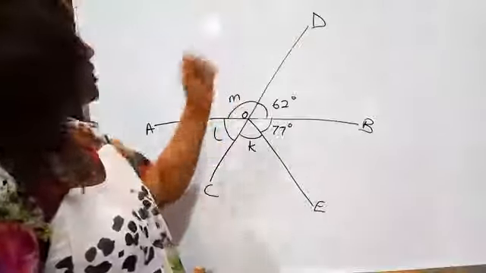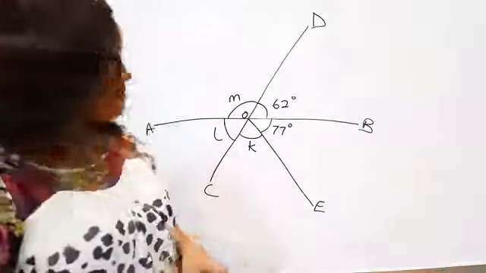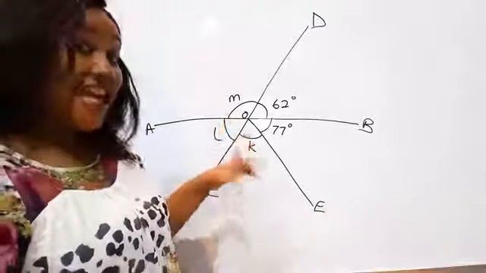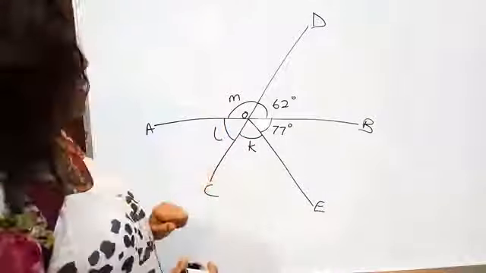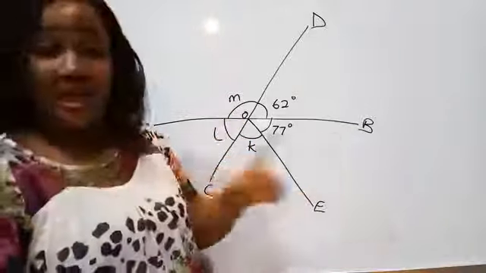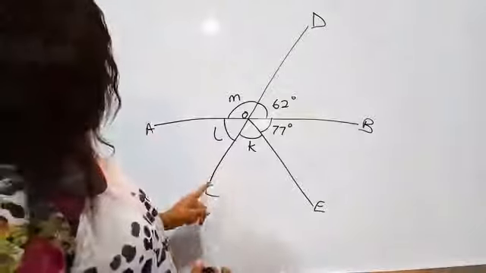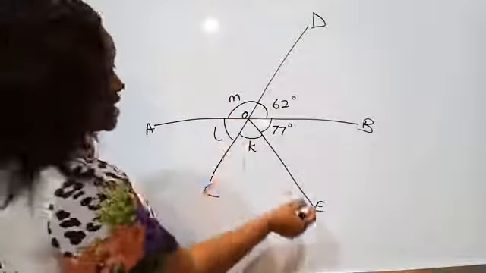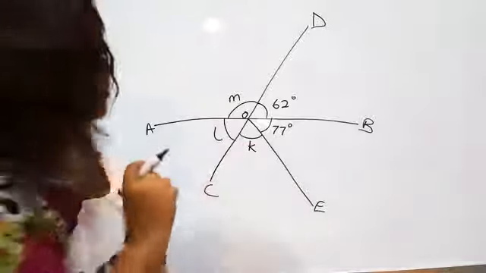Okay? Given a problem like this, it looks scary, but it's not scary. It's very, very interesting. Let's go. Now you're given that AB is a straight line, CD is a straight line, then E joined them.